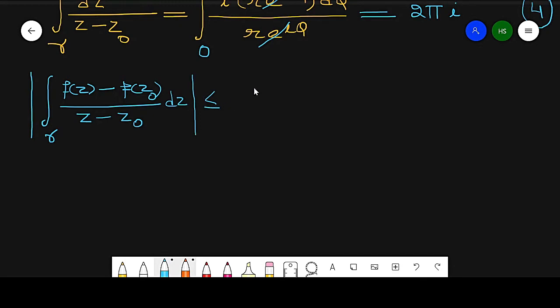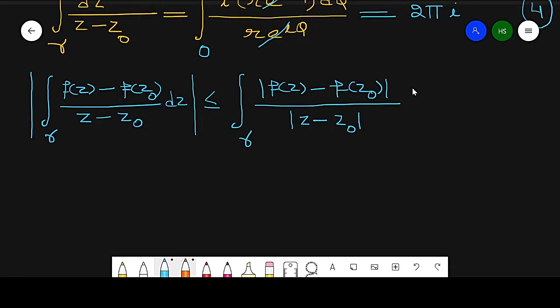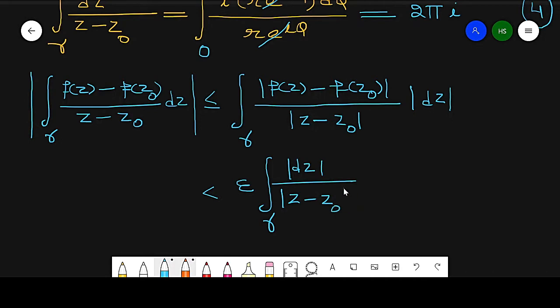So this value is less than or equal to the integral over gamma of |f(z) - f(z0)| over |z - z0| times |dz|. So remember this. Now by using the definition of continuity, this is less than epsilon. So the first factor is less than epsilon, and we are left with the integral over gamma of |dz| over |z - z0|.